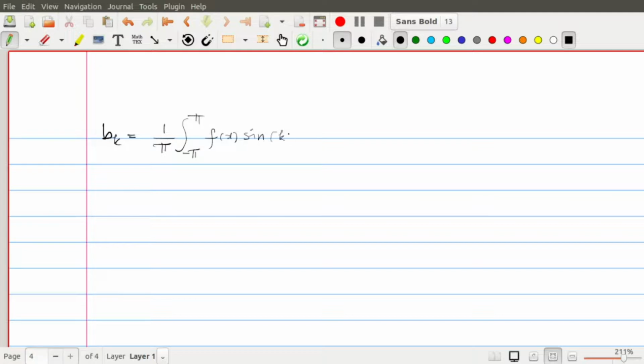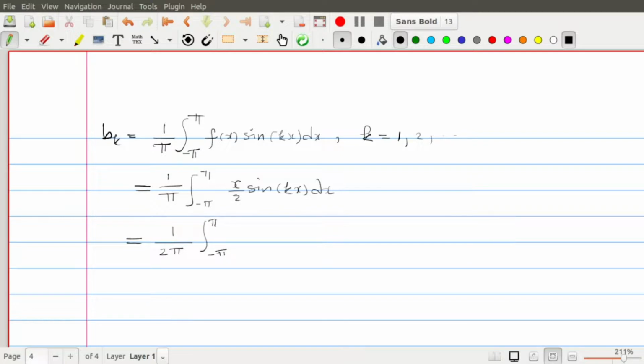We don't need to distinguish the cases here because for bk we always start from 1, 2 and continue, so we don't need to distinguish the two cases. So if I substitute, we get this expression, x by 2 sine kx dx. Of course, I can take the 2 out to make our computation simpler.